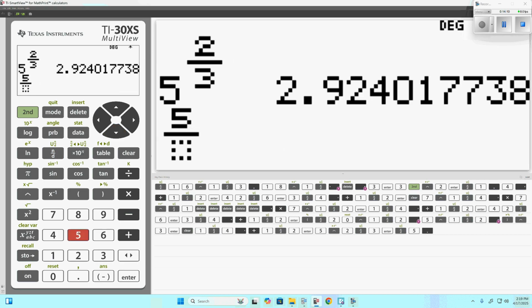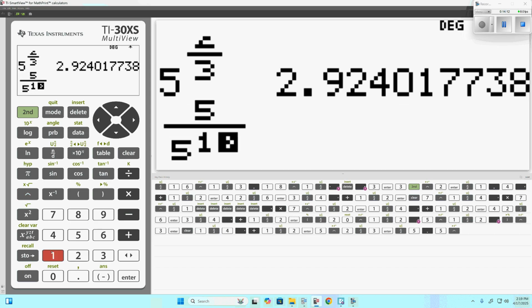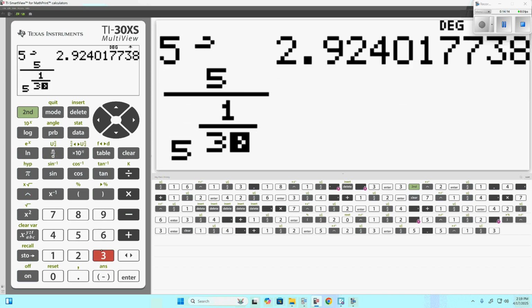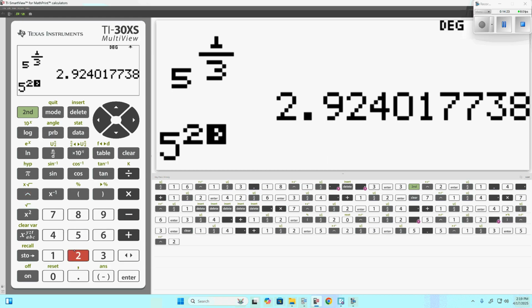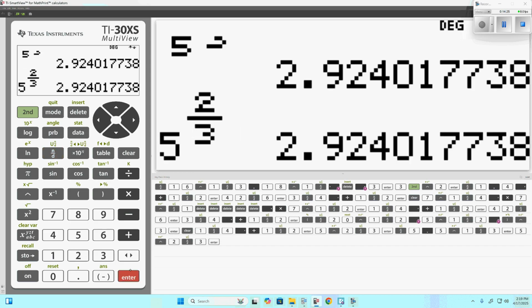And what we started with was 5 over 5 to the 1/3, yes? Get this here. Well, our answer was 5 to the 2/3. Are those decimal approximations the same?